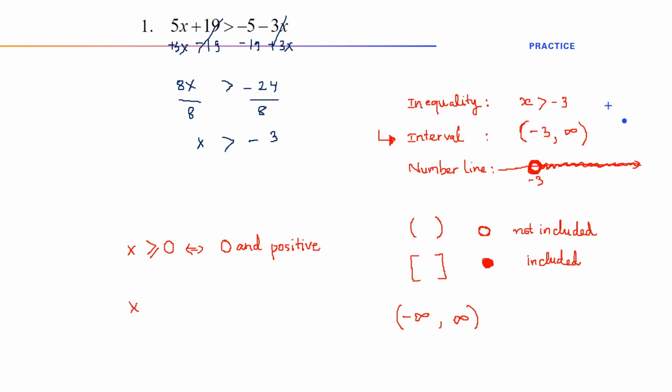And if x is less than or equal to 0, that's the same thing as 0 being a solution and the negative numbers.